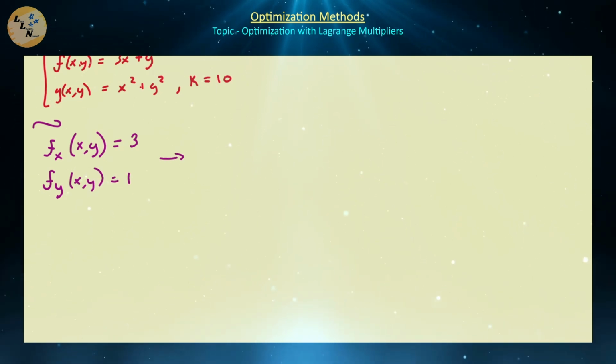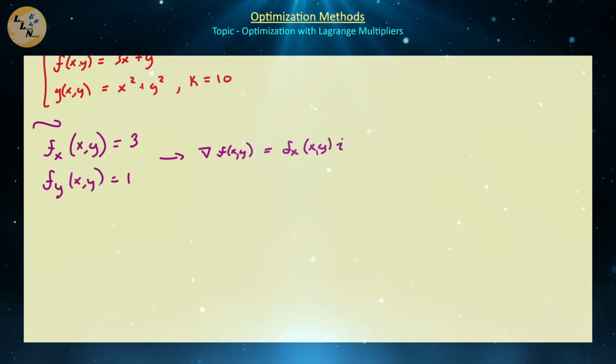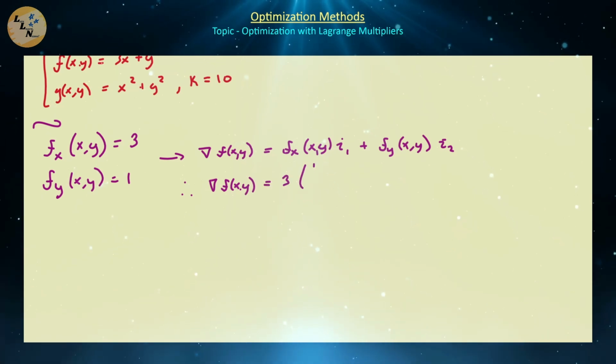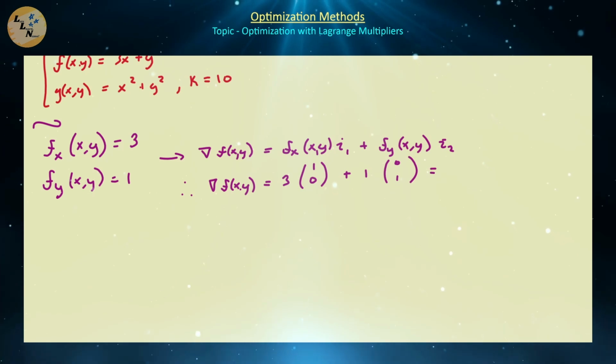So from these two, that means the gradient of f of x, y is going to be equal to, keep in mind, f sub x of x, y times the unit vector in the first direction plus f sub y of x, y times the unit vector in the second direction. So therefore, we have that the gradient of f at x, y is just going to be equal to 3 times (1, 0) plus 1 times (0, 1), which is just going to be equal to the vector (3, 1).